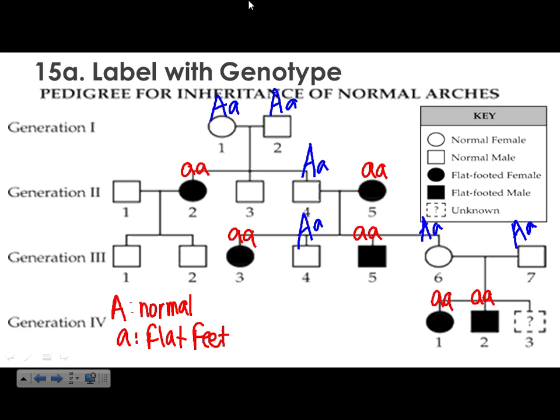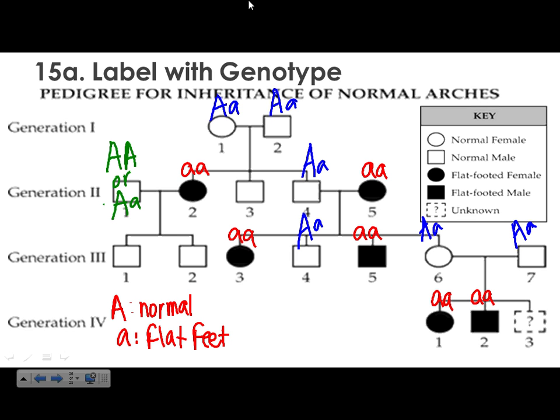All right, now let's look at this side over here at generation 2, individual 1. This individual has 2 options. They could be big A, or they could be big A little a. We don't know what that person is because they've only had 2 children.